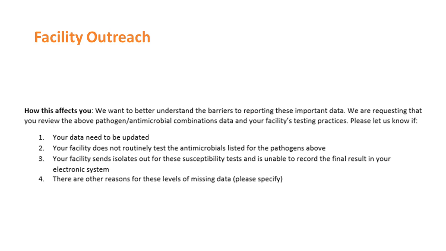To better understand the barriers to reporting these important data, we requested facilities review the pathogen antimicrobial combinations and their testing practices, and to let us know if their data needed to be updated, if they did not routinely test for the antimicrobials listed for the pathogens, if the facility sent these isolates out for susceptibility tests and was unable to record the final result in their system, or if there were other explanations for these levels of missing data.